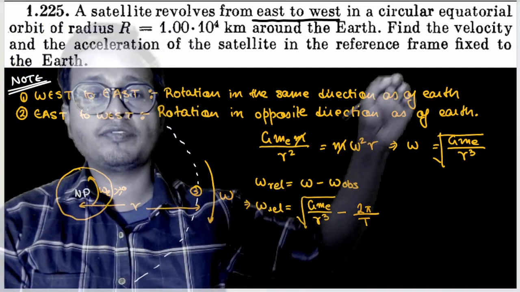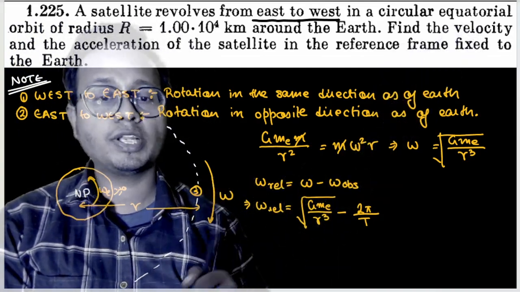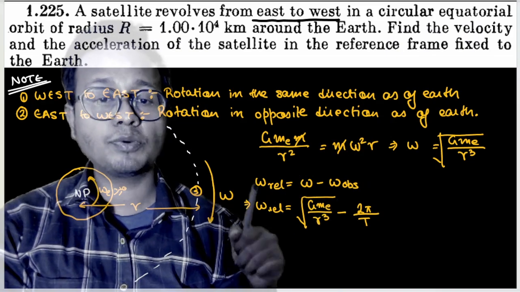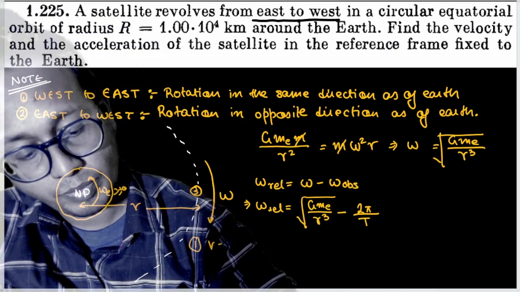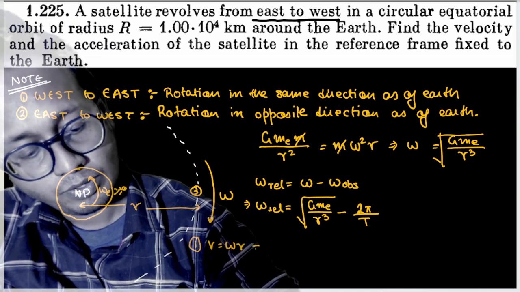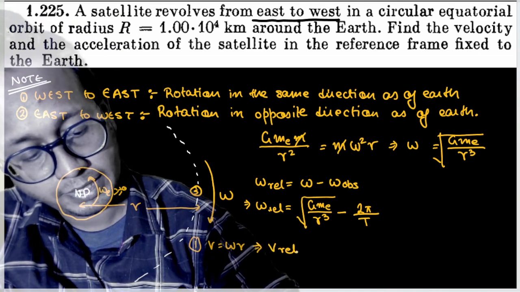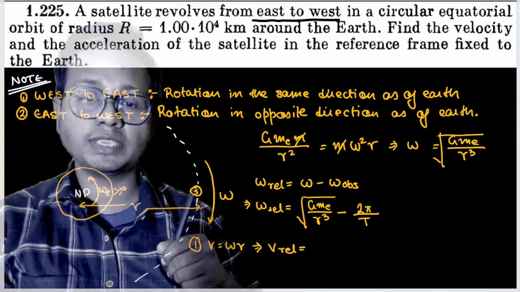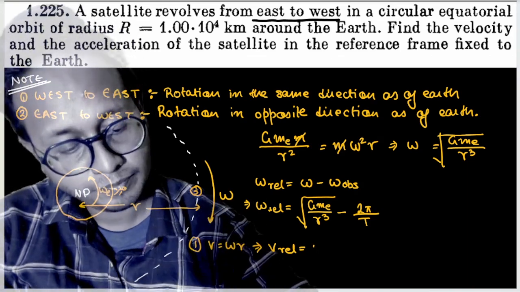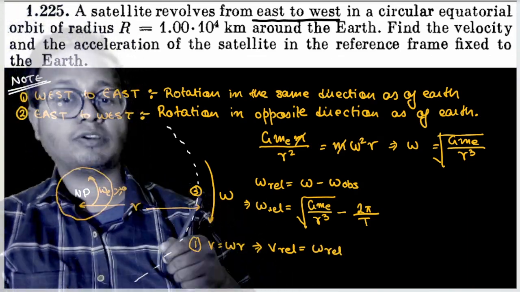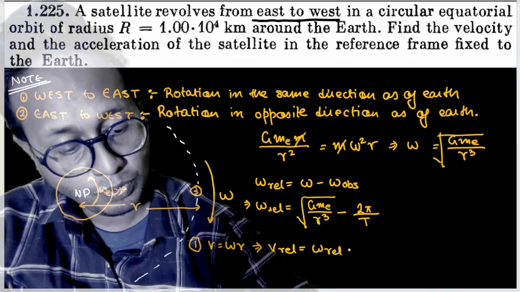We have to find out the linear velocity. Whatever we got here was angular velocity. How do I convert angular velocity to linear velocity? We know that linear velocity is equal to omega into r. So the linear velocity of this satellite as seen by someone on the equator is omega relative, the relative angular velocity of the satellite, into r.